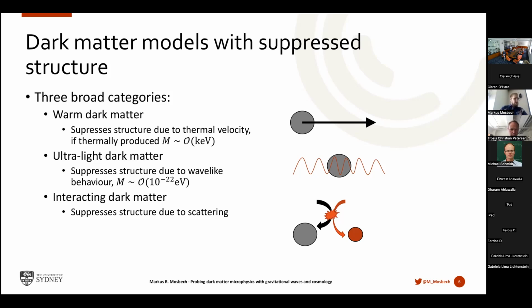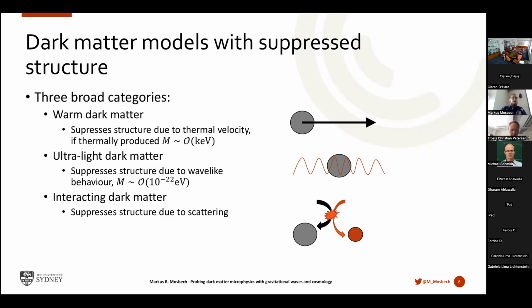Then we have ultralight dark matter, which is behaving wave-like, with quantum mechanical effects and so on, and therefore they are not allowed to form structures due to these quantum effects that are qualitatively different from other types of structure suppression, but at the same time lead to suppressed structure at more scales.